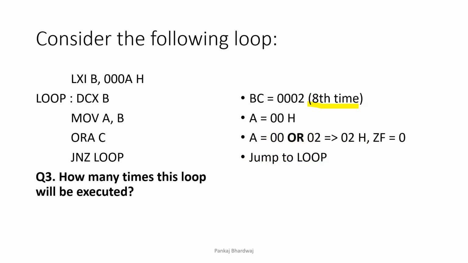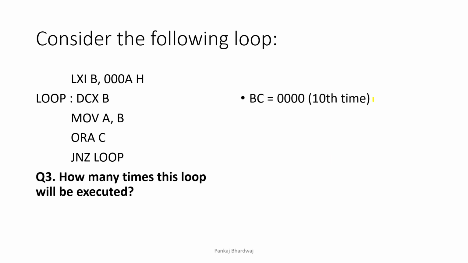The eighth time it will become 3 minus 1, that is 2. A equals 0, 00 OR with 02 will become 02, and ZF equals 0, so it jumps back to the loop. The ninth time it will become 2 minus 1, that is 1. A is 0, 0 OR with 1 means it's 1, again the zero flag is not set, so it jumps back to the loop. The tenth time, 1 minus 1 means it will become 0.